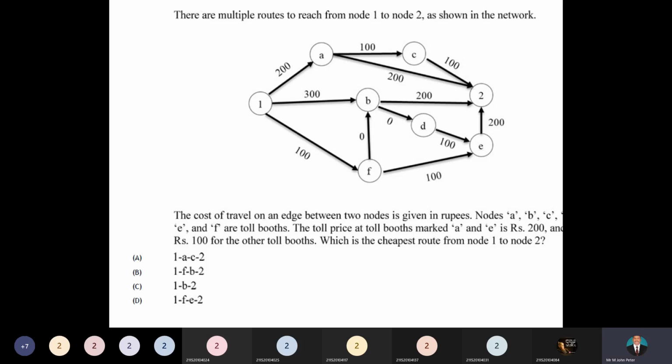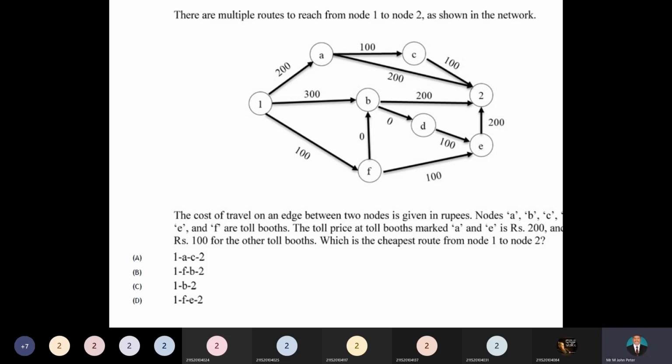It is a simple question. Which one is a suitable answer? You can think, for example, 1 to A to C, C to 2, one of the routes. Otherwise, 1 to A to 2. Okay, a direct path is there. That circle is denoted as a toll booth. So we have to calculate the amount.